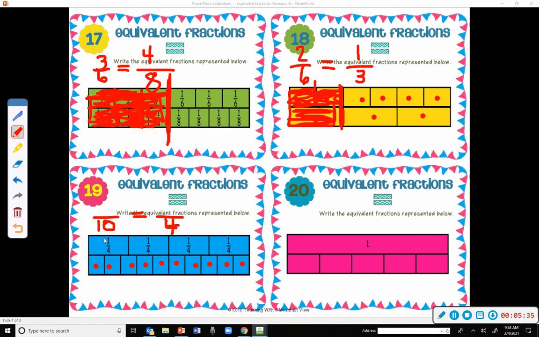So I'm going to just start with the fourths. I follow the line down after 1/4. Does it meet up with anything? No, it's close, but it's not exact. Okay, so 1/4 does not equal anything for tenths. So we go to 2/4. I follow the line down. Does it match up with anything? Yes.